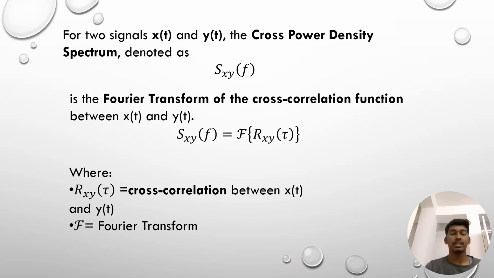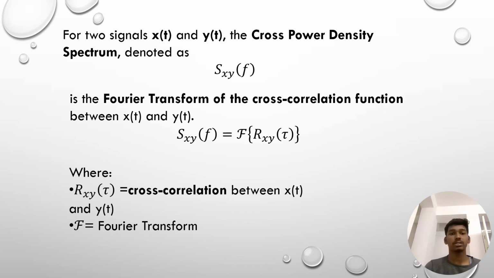Let us consider two signals, or two random processes, x of t and y of t. The cross power spectral density is denoted as Sxy of f. Here f means frequency.